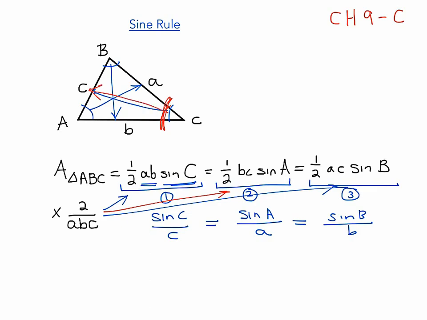This ratio is the same as the sine of angle A over the side a, which is also equal to the sine of angle B over the side b. The sine rule comes in handy when we're trying to solve problems that deal with two angles and one side, or two sides and a non-included angle, which we will talk about more in the next video.